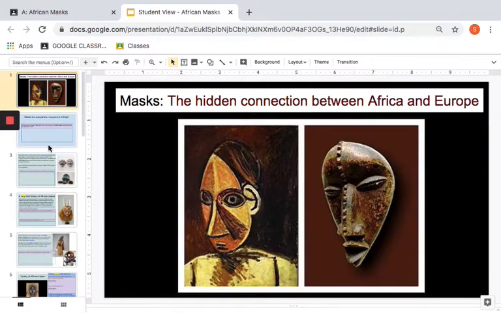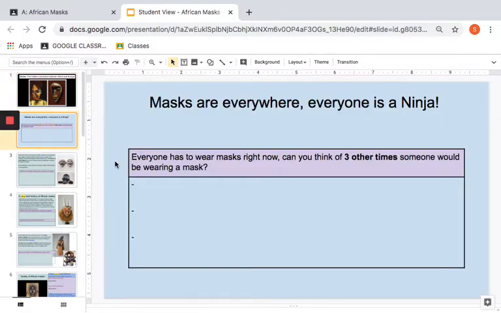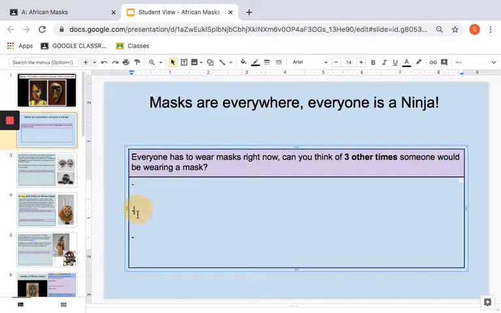So we're going to talk about masks. So the first question, masks everywhere. Everyone is a ninja because of the COVID virus. I want you to tell me three ways or times where we wear masks. So for example, one is on Halloween as part of your costume.